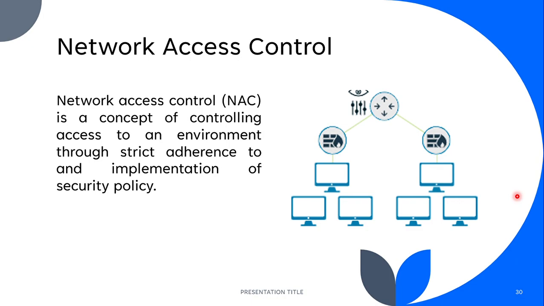If you have different components of a network, in some organizations, once you log in, you can have access to different things within the organization. But the network access control is very strict. It uses what we call a zero trust policy.